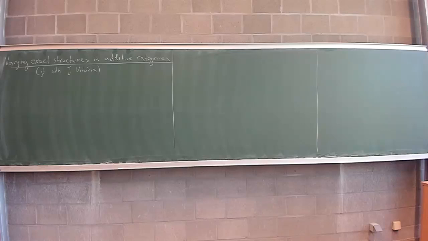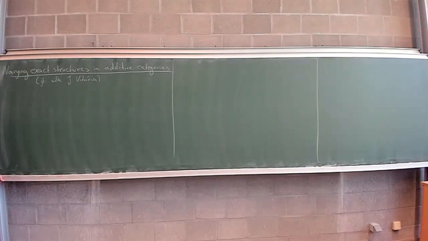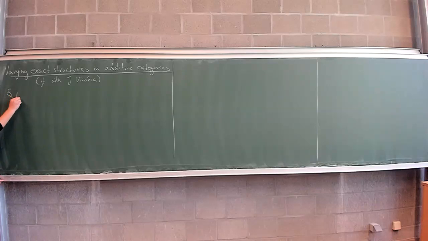Then we're going to do a small pause and define some notions in greater detail. And then we're going to work in some more abstract categories and try to see if they behave like complexes or not. Okay, so I'm going to start with the motivation.